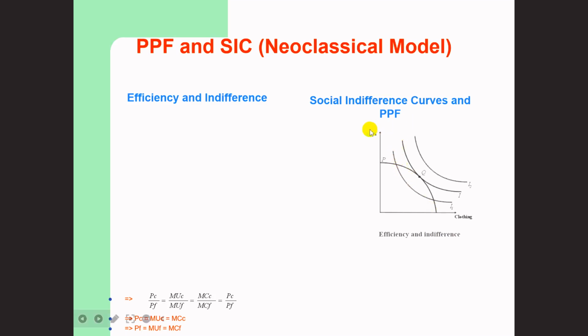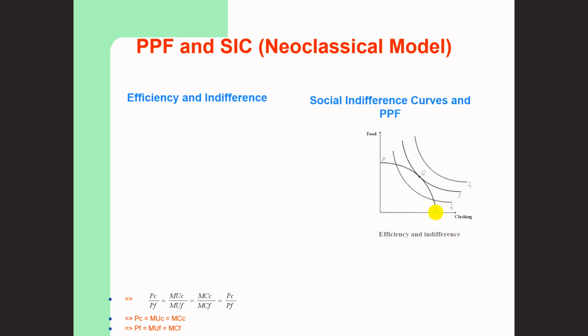So efficiency in production will be achieved on any point along this production possibility frontier. All points on this frontier will be technically efficient, but not all technically efficient points on the production possibility curve are necessarily allocatively efficient.